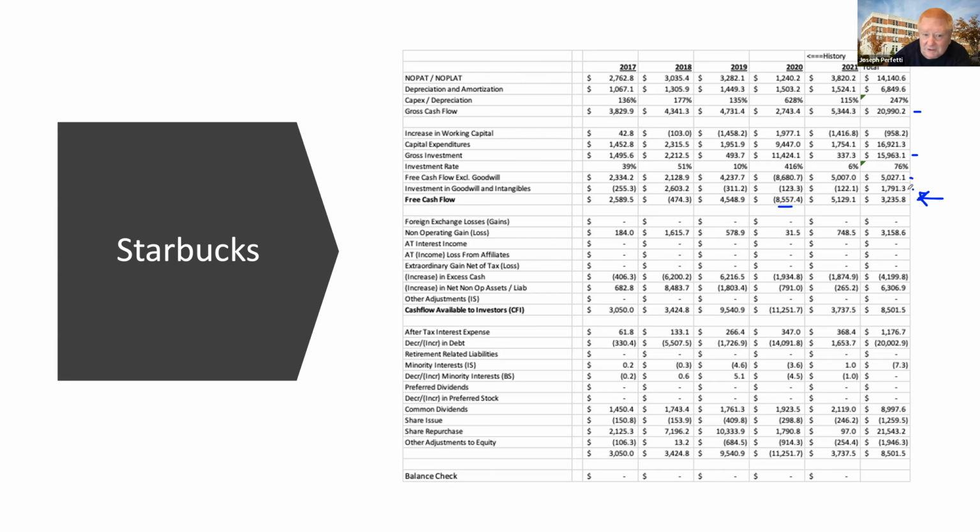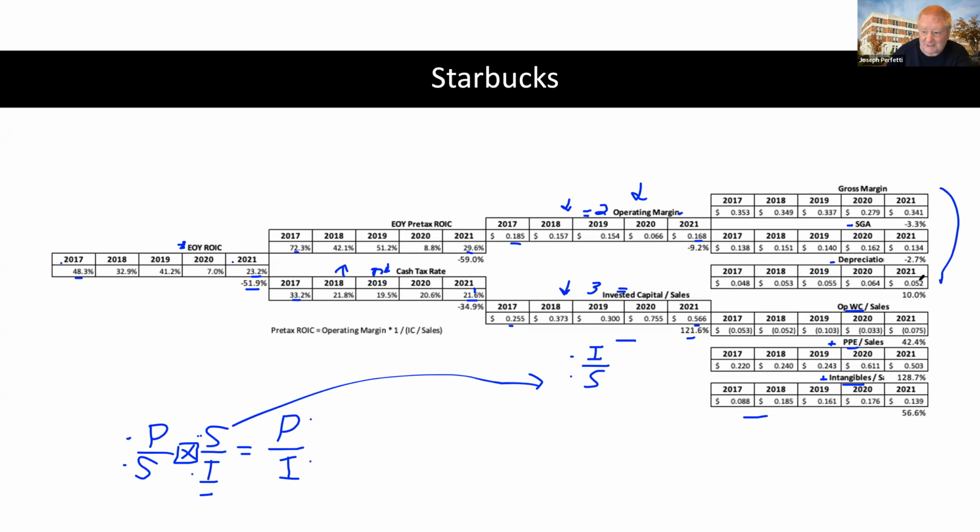But I want you to directly understand that there are 3 drivers of reinvestment on here. 1, working capital. 2, CapEx. 3, spending on goodwill. Those 3 drivers are basically the same as in the ROIC tree: working capital, CapEx, which drives PP&E, and goodwill, which drives intangibles to sales.